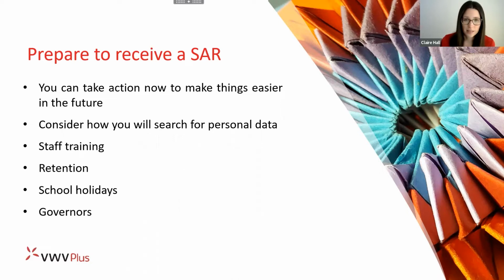And they can also be made, as I said, orally as well as in writing. So make sure staff members know how to recognize one. Staff members should not be encouraged to respond themselves. They should pass it immediately to the data protection lead at your school, because they can be quite complex to deal with, and there are certain challenges around timescales and that kind of thing. So they very much should be led on by the data protection lead at the school.